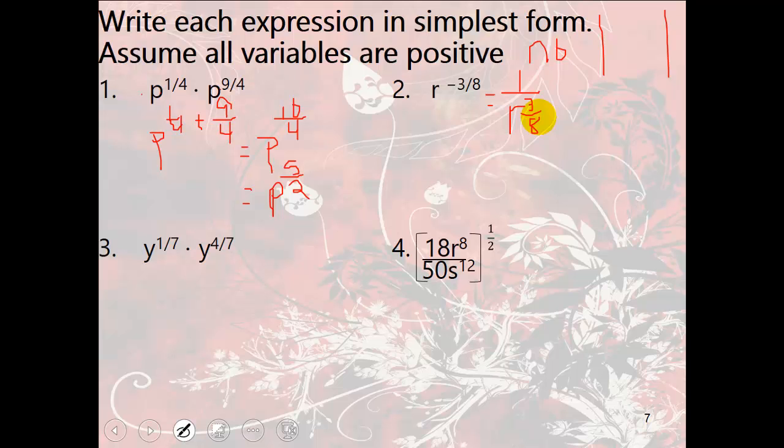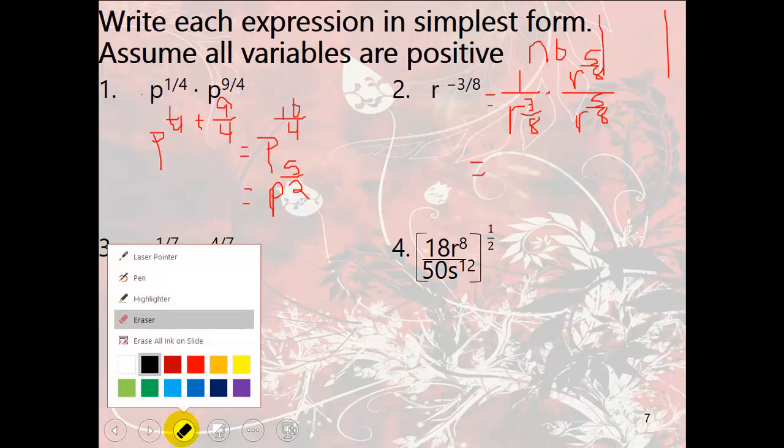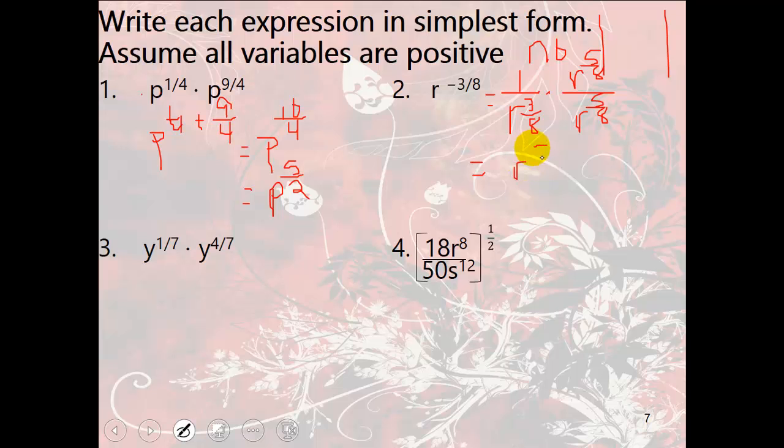Well, I need to add 5/8. So I'm going to multiply top and bottom by r to the 5/8. And I get r to the 5/8 over r to the 3/8 times r to the 5/8, which is r to the 8/8 or just r.